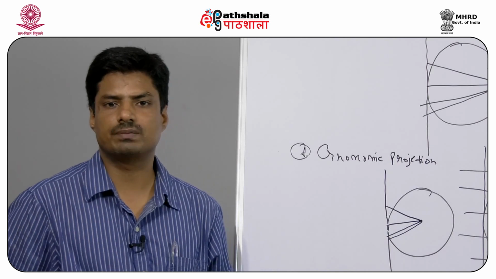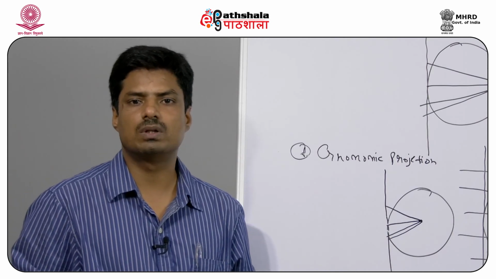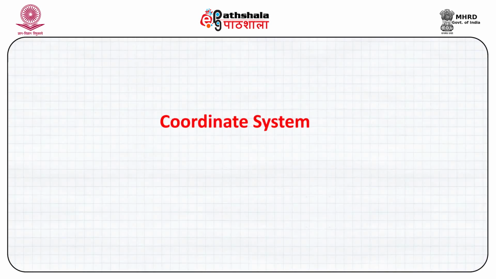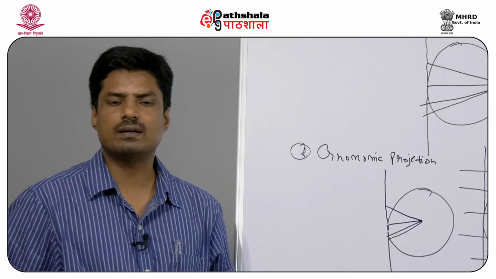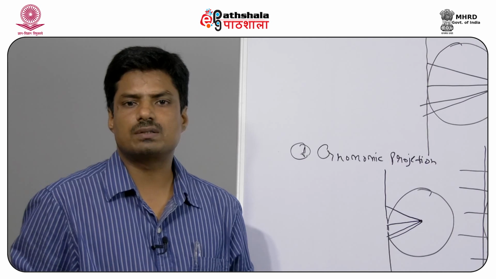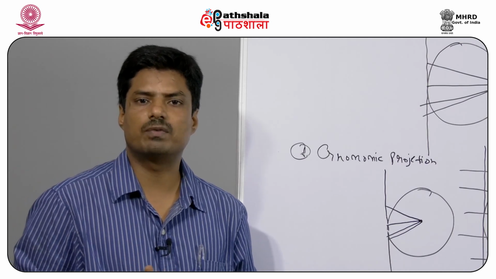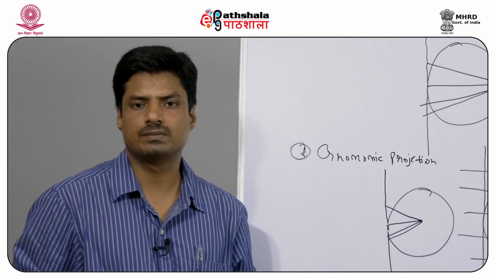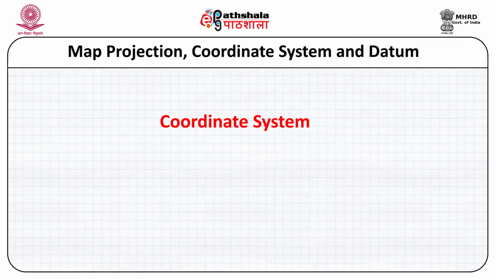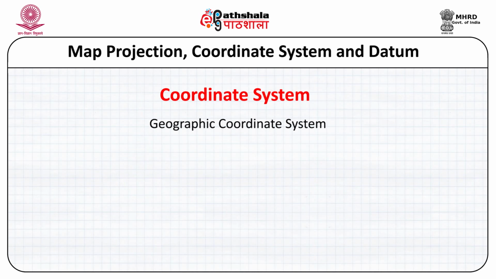After the projection, I would like to explain the coordinate system. You all know that locations on the Earth's surface can be found with the help of the coordinate system. The coordinate system can be divided into number 1, the geographical coordinate system.